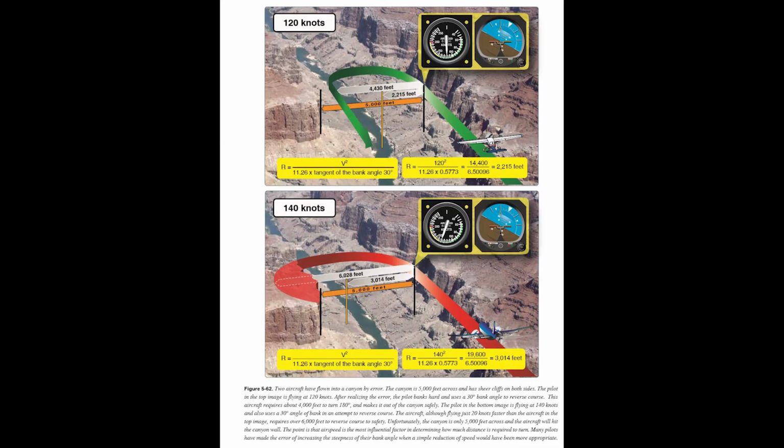If you're curious about that, figure 5-62 and pages 541 through about 544 go into that in more detail. But that's a fairly easy concept to grasp. If you're going faster, it takes more space to turn around than if you're going slower.